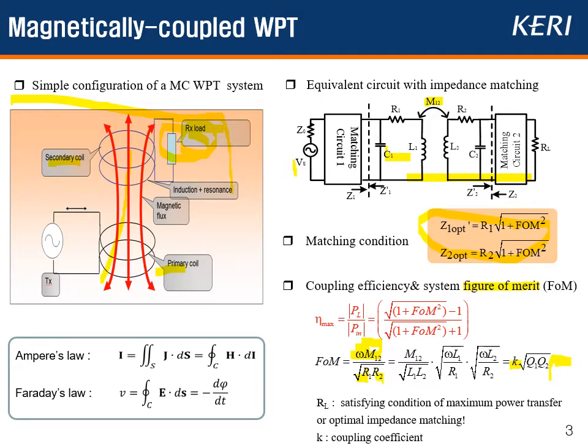Intuitively, lower loss resistance and higher mutual inductance can give higher FOM and higher coupling efficiency. So it is important to design a coil with lower loss resistance.